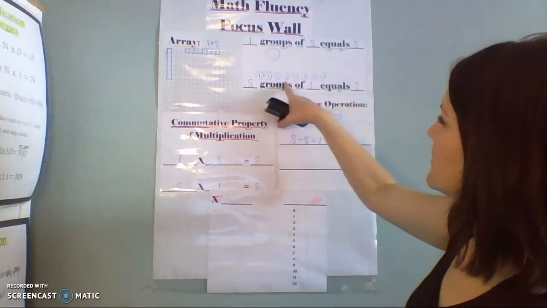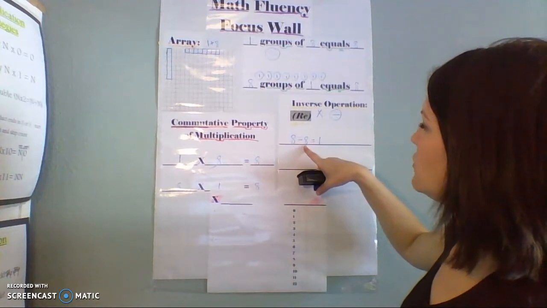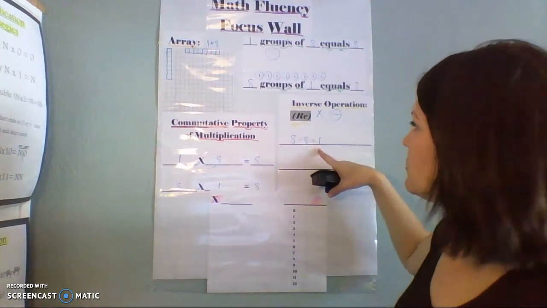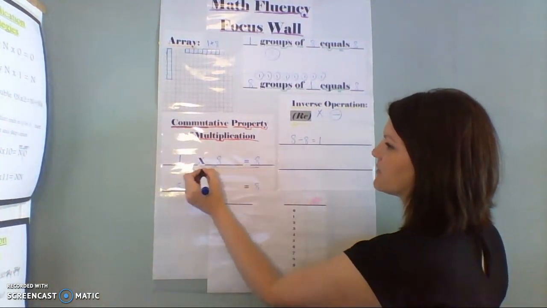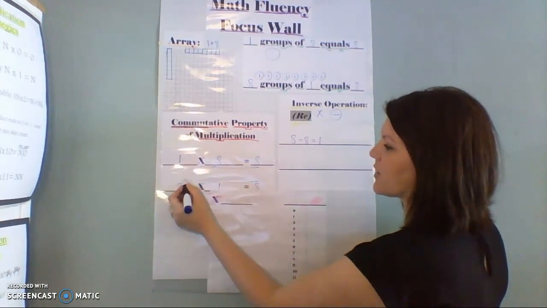Look at that. If I take 8 and divide it into 8 groups, there's going to be 1 in each group. Look at how we went in reverse to find the division problem. Now we're going to go in reverse to find the division problem for this one.